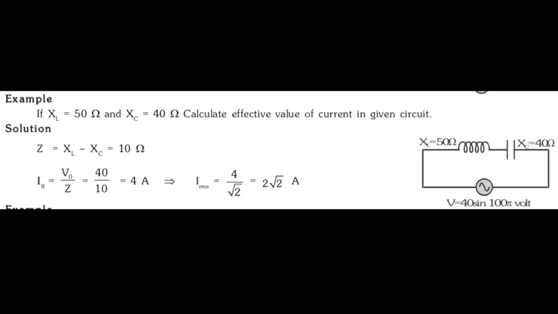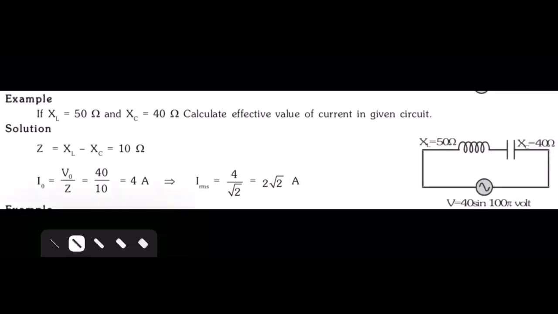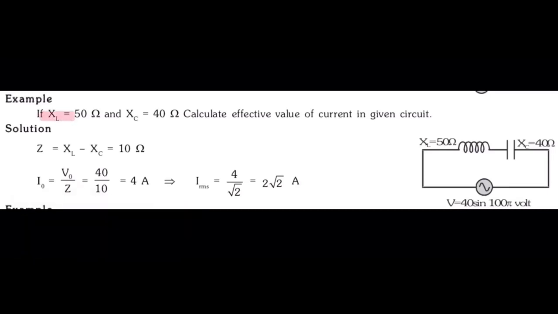We know that we can calculate the impedance using XL minus XC. Since there is no resistance term at all, we can directly substitute the values of XL and XC, which are given: XL is 50 ohm and XC is 40 ohm.